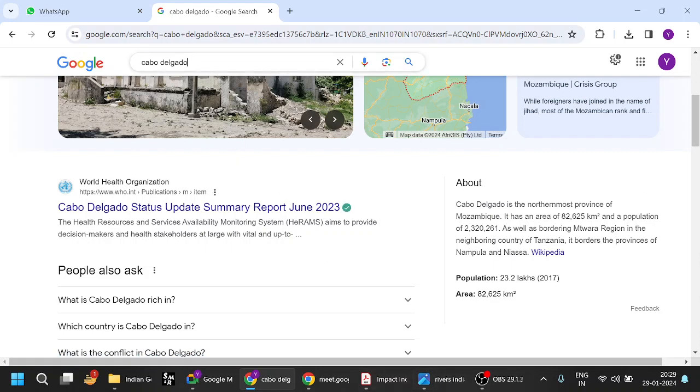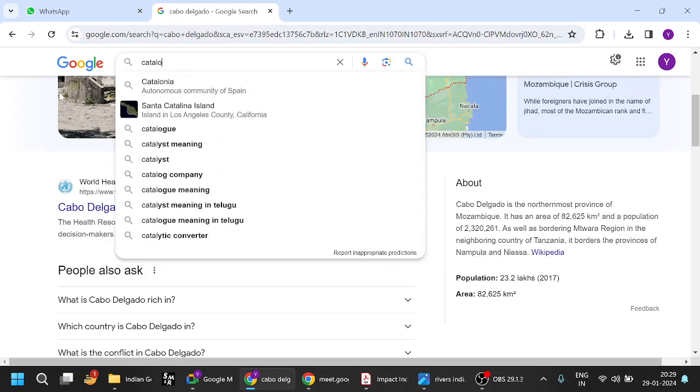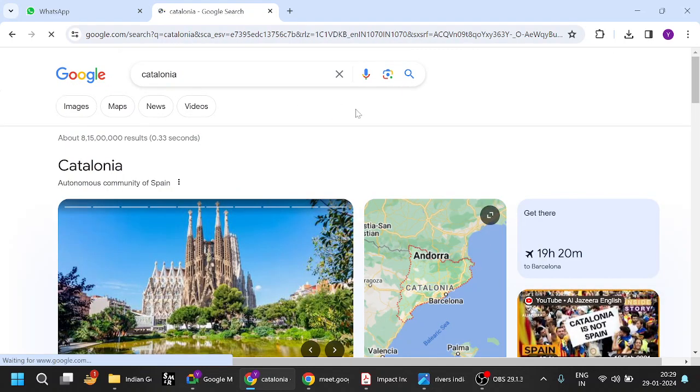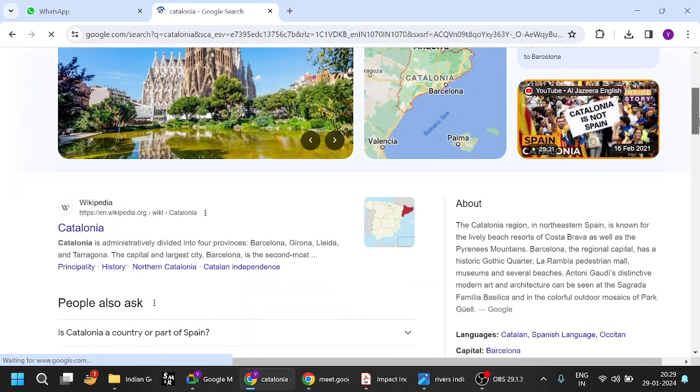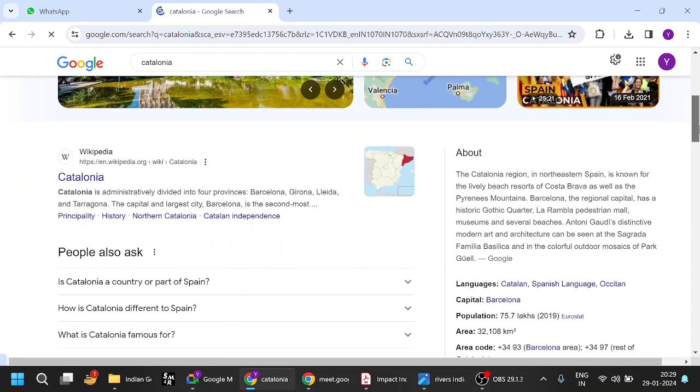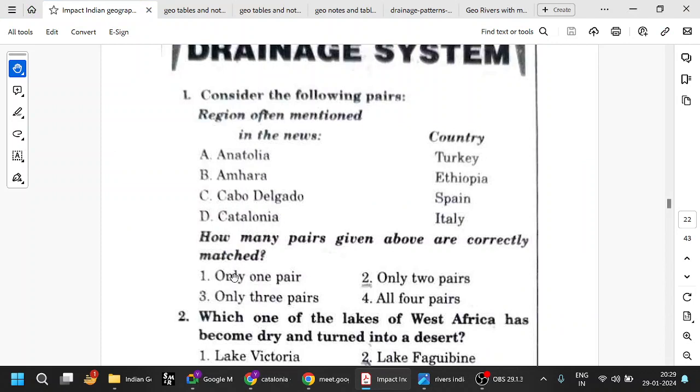And Catalonia, Barcelona, so that means Spain. So let us go back. So this is wrongly matched. Catalonia is Spain. Cabo Delgado is not Spain, and Amhara is Ethiopia. Anatolia is Turkey. So these two are correct. Cabo Delgado, where is it? Just now we said Catalonia is in Spain. Cabo Delgado is in Mozambique, Africa.